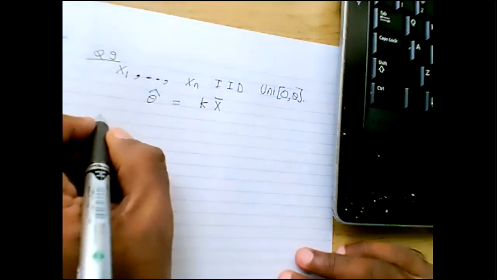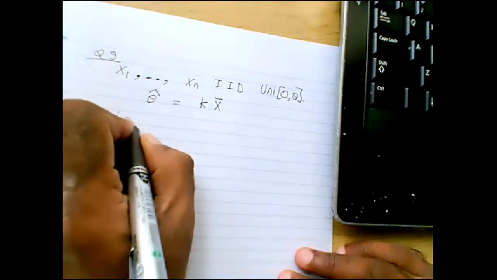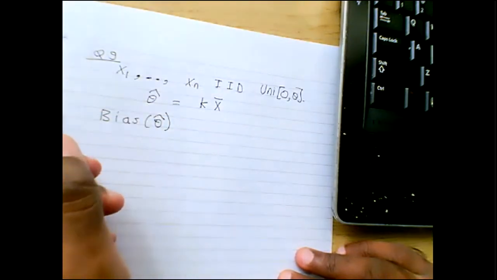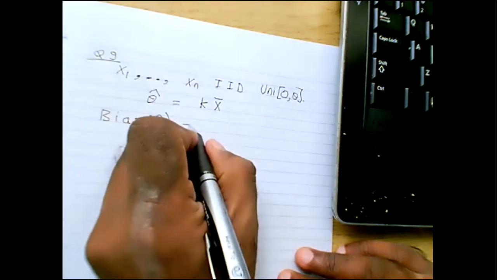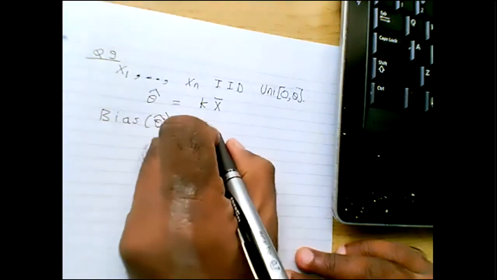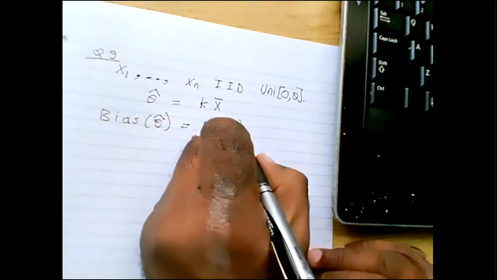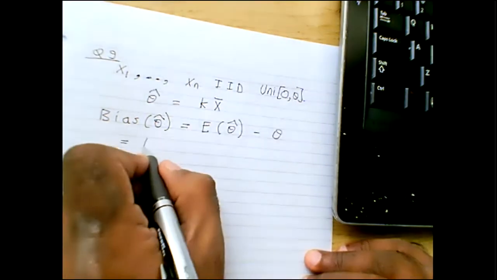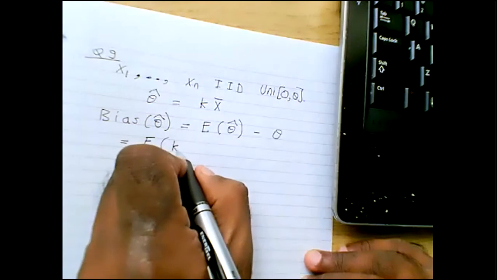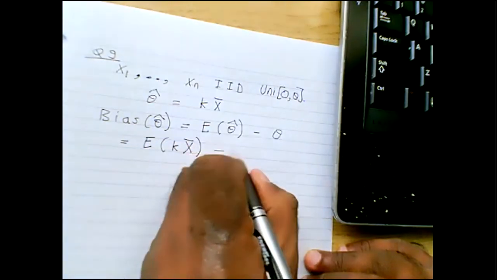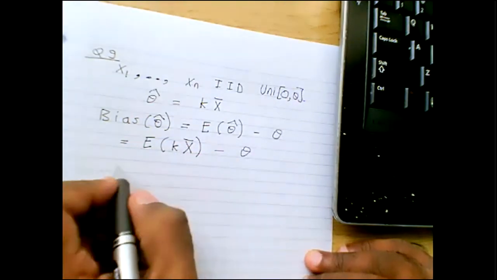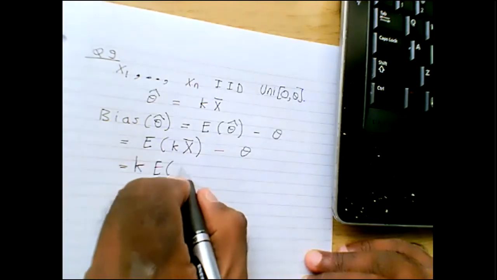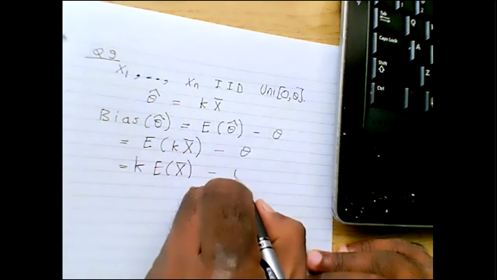So what we need to do is to find the bias of theta hat and set it equal to 0. Now remember, this is the definition of bias, right? So this is the expectation of k times x bar minus theta. Now k is a constant, so you can pull it outside.